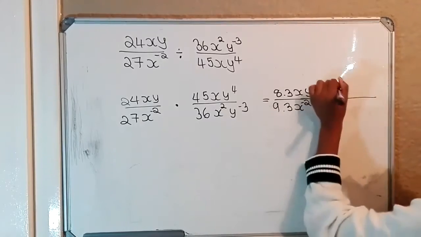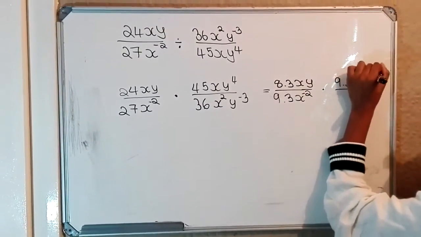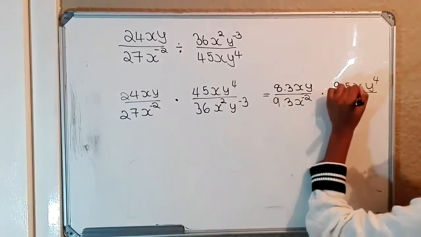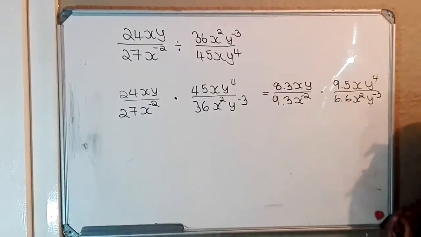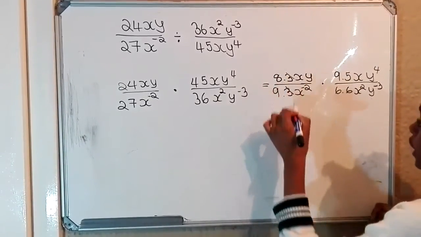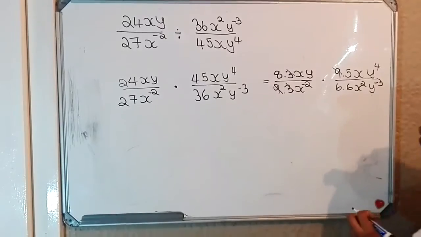We can say as 9 times 5 xy^4. 36 is 6 times 6 x^2 y^-3. Okay, now I can cancel 3 and 3. I can cancel 9 and 9, right?